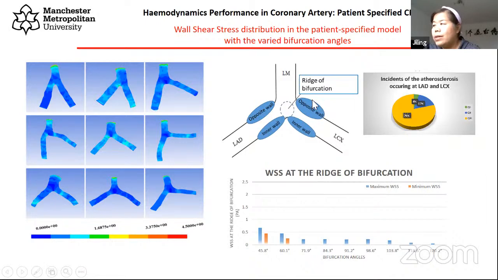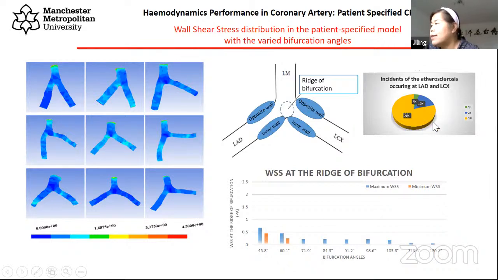So our study suggested that the area close to the opposite wall is more likely to get atherosclerosis.